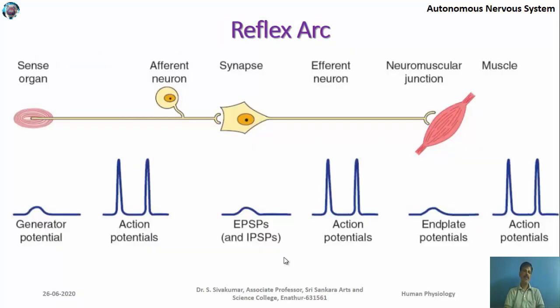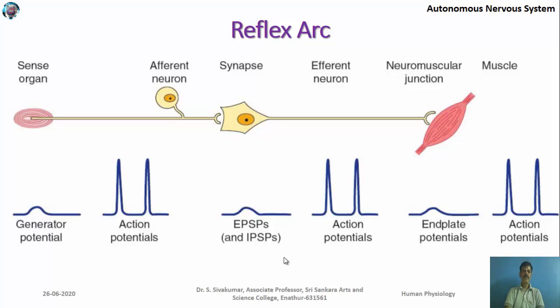If you look at a reflex arc, it will contain a sense organ, an afferent neuron, a synapse, an efferent neuron, a neuromuscular junction, then the target organ, that is, a muscle. So this is the path for the reflex arc to occur. So here you see that there is no presence of the central nervous system. The brain is not involved in this.